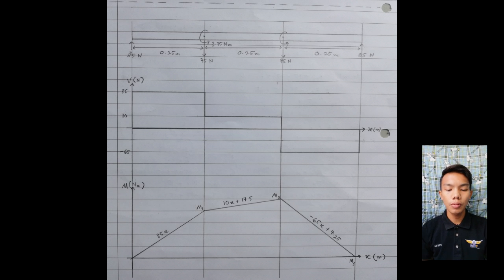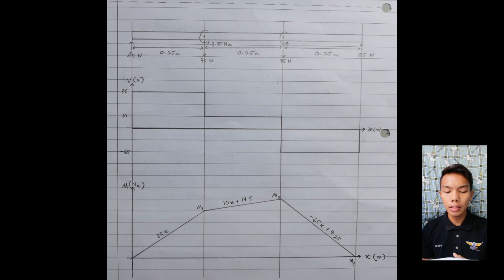Okay, so next we will move to the shear and bending moment diagrams. Here we can see that on the first diagram, the shear diagram, we start at 85 Newton, then it comes down to 10 Newton, and lastly it goes to negative 65 Newton.